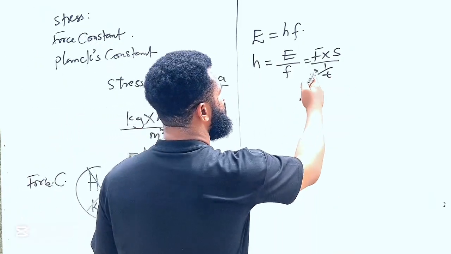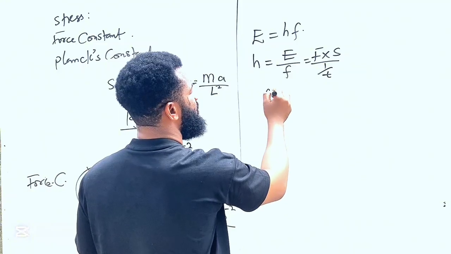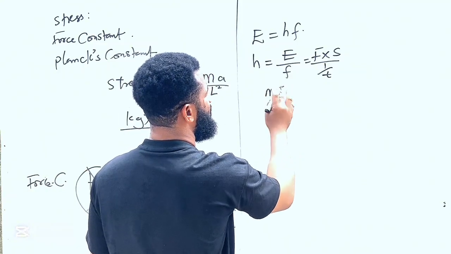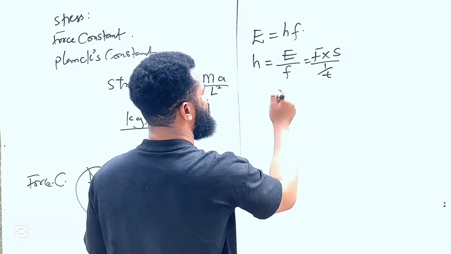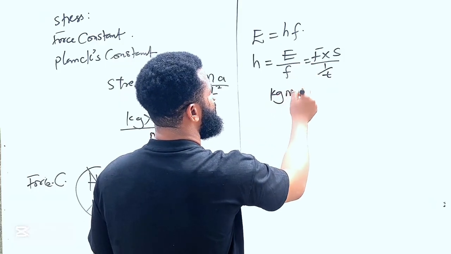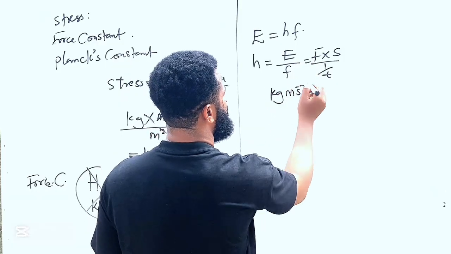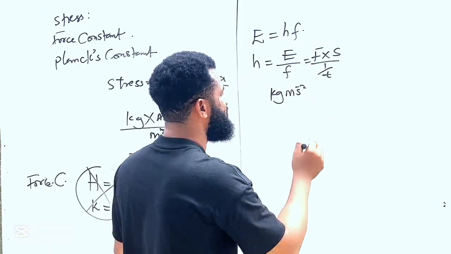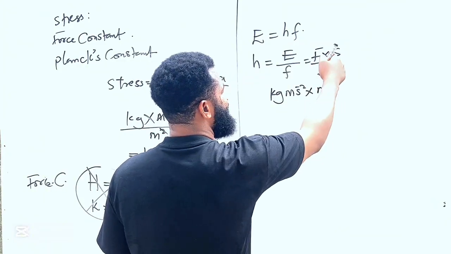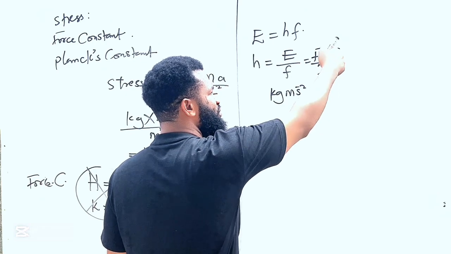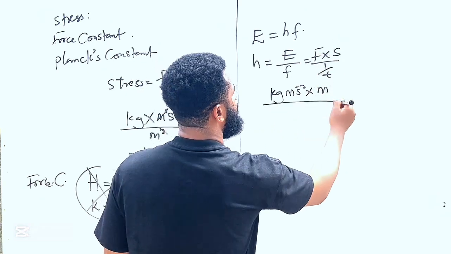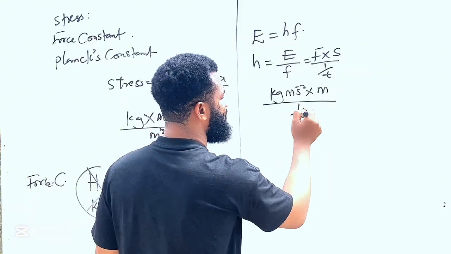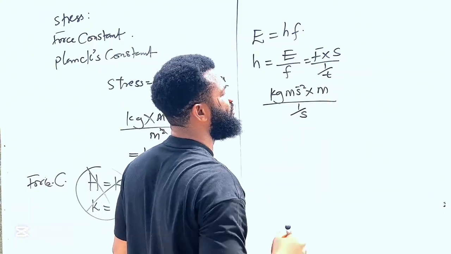So let's keep going. The SI unit of force is kilogram meter per second squared, times s. This s is distance, times m, because the SI unit of distance is meter, all over 1 over seconds, because the SI unit of time is seconds.